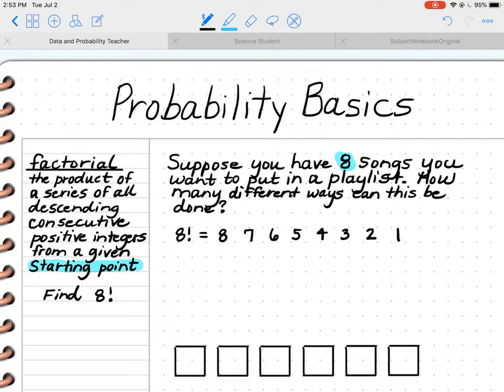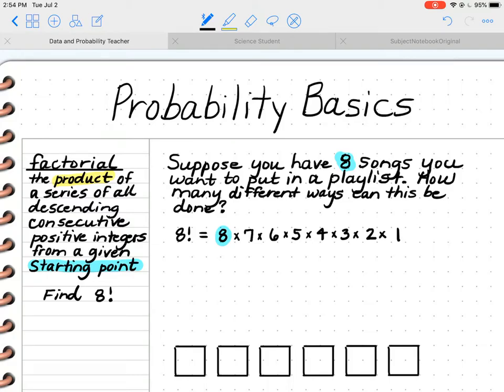And you can't go any lower. These are positive integers, not 0. 0's not positive or negative. So all we can do is start at the starting point, which they'll give you, and then you go down from there until you get to 1. And then product means, what's product? Multiply.